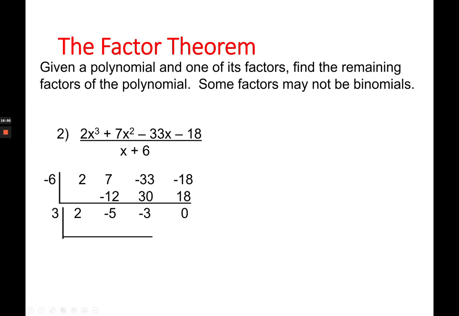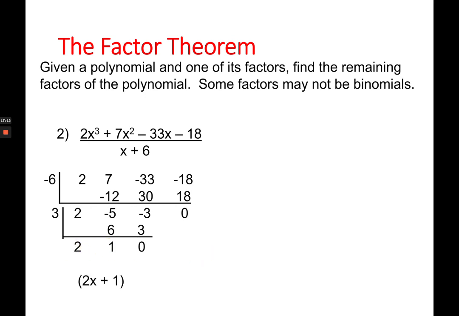Let's try. If indeed it's positive 3, or your next factor is x minus 3, bring down 2. 2 times 3 is 6. 6 minus 5 is 1. 1 times 3 is 3. And we are done.